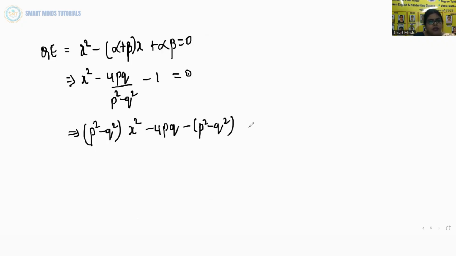But this is not the final answer. Denominators are not same. We need to take the LCM. So (p square minus q square) into x square minus 4pq minus (p square minus q square) is equal to 0. I took the LCM here.